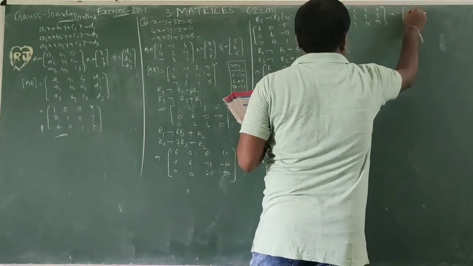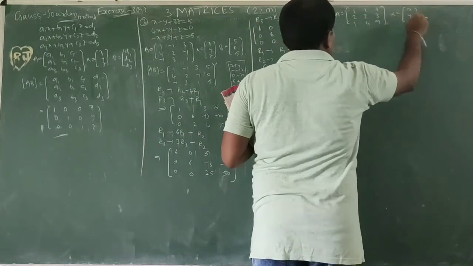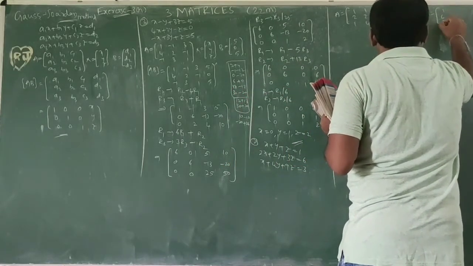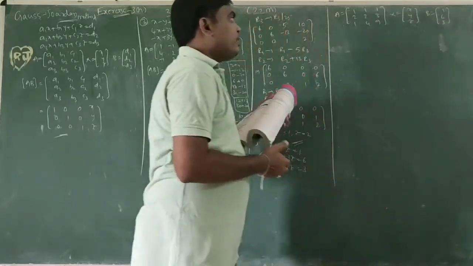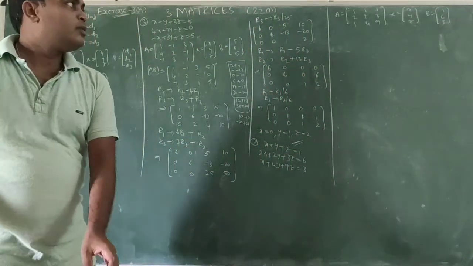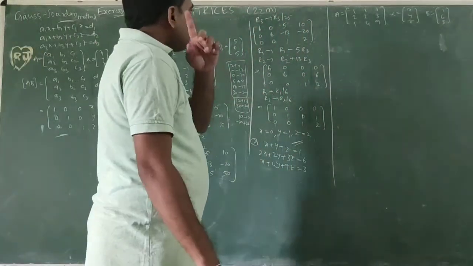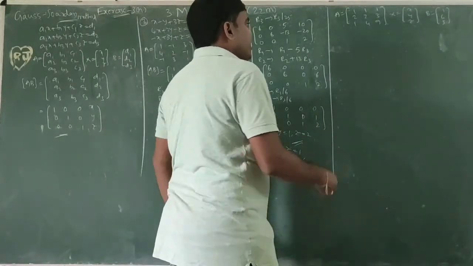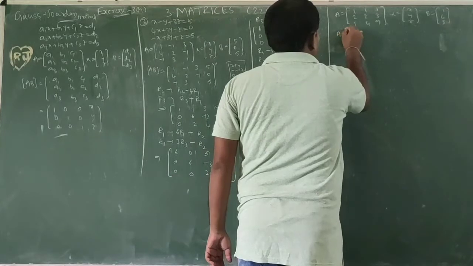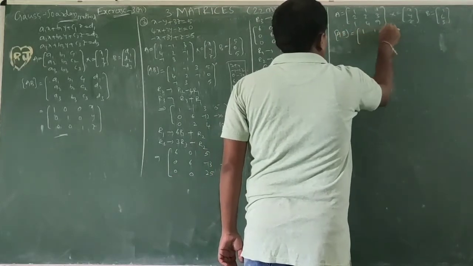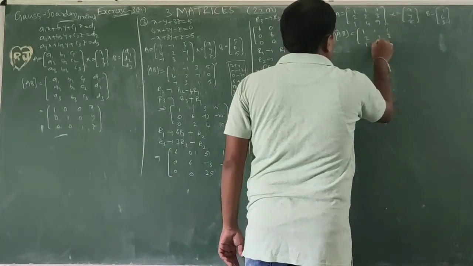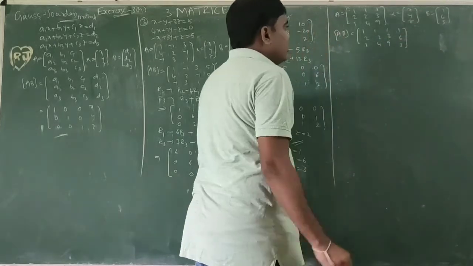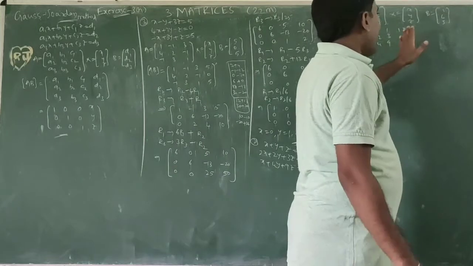X equal to x y z. B equal to 1 6 3. So AX equal to B. Now I want to write the augmented matrix AB. First A: 1 1 1, 2 2 3, 1 4 9, and 1 6 3. So this is the augmented matrix AB.